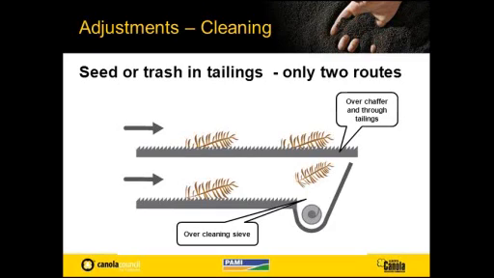Whereas if it was going all the way to the back and falling through, then you would probably, if it was seed, for example, reduce the air or increase the chaffer opening. So depending which way it's going, you pretty much use opposite settings.